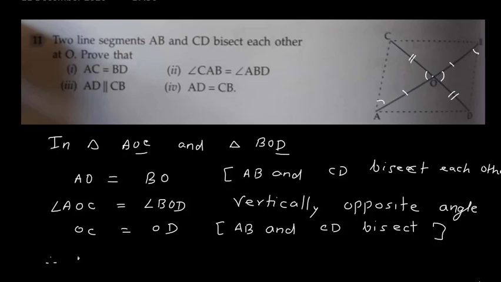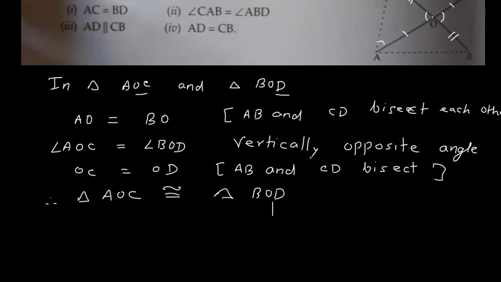So therefore, your triangle AOC is congruent to triangle BOD. As these two triangles are congruent, the reason is side angle side criteria. So therefore, you can say that this side AC is equal to side BD. They are corresponding parts of congruent triangles.